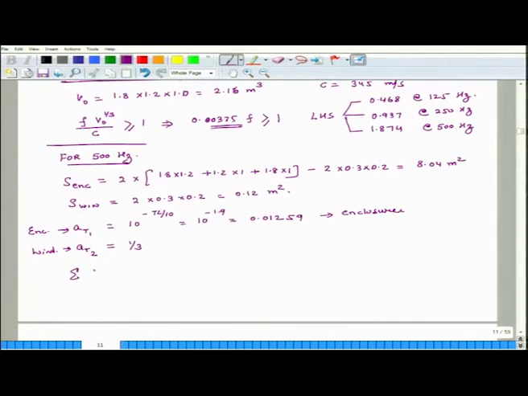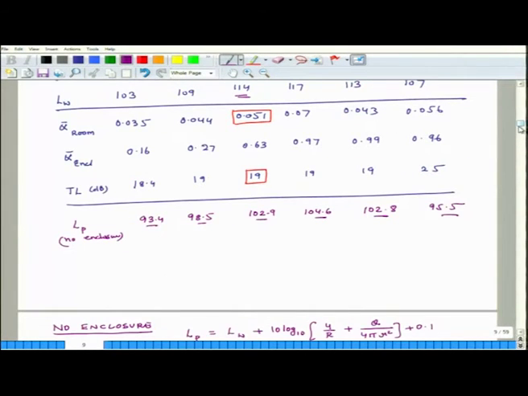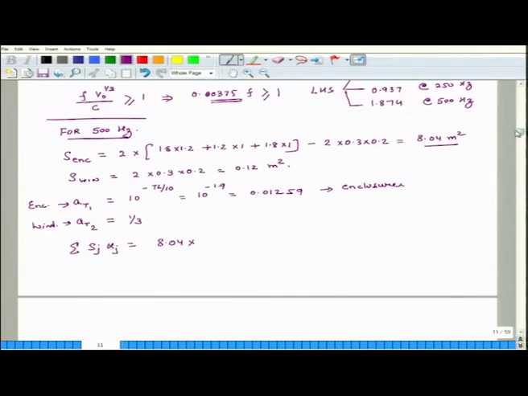So, the sum of S j alpha j is equal to how much? The first surface area is 8.04 times its absorption coefficient. Again, for the enclosure, what is the absorption coefficient? 0.63 from the table. So, 0.63 plus the area of the window 0.12 times the absorption coefficient of the open window, which is 1.